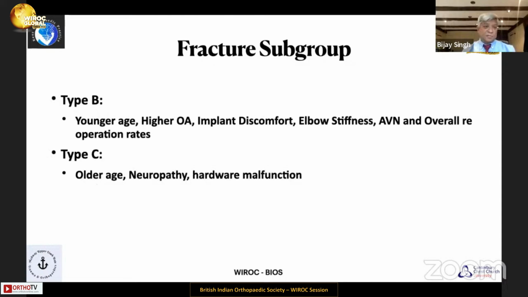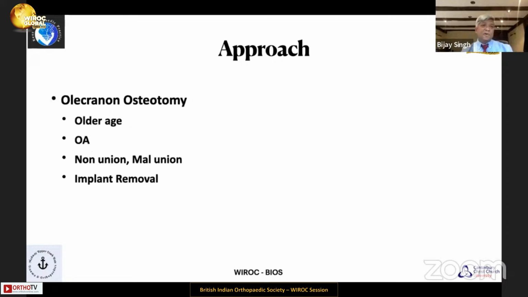In the type C, this was more in the older age group patients, more neuropathy, less hardware, and more hardware malfunction, probably suggesting the low demand with the less of the other problems. What about the approach? When using an olecranon osteotomy, this was seen in more use in an older age group patient.